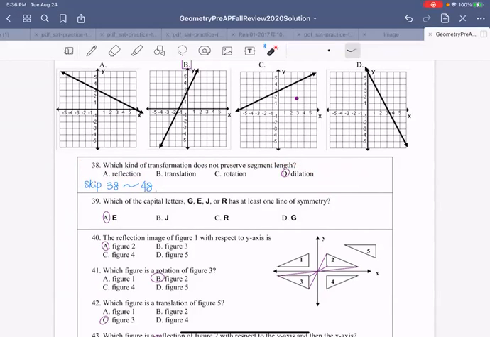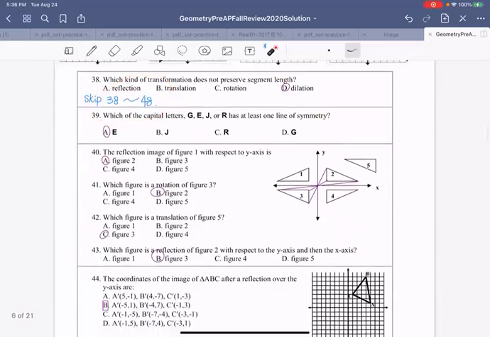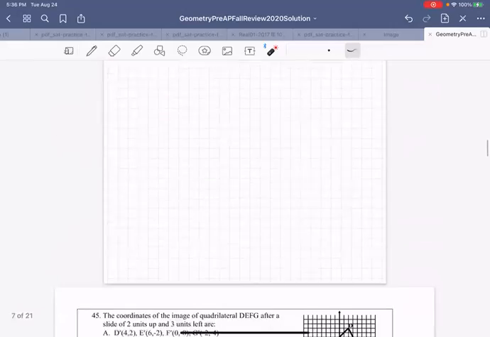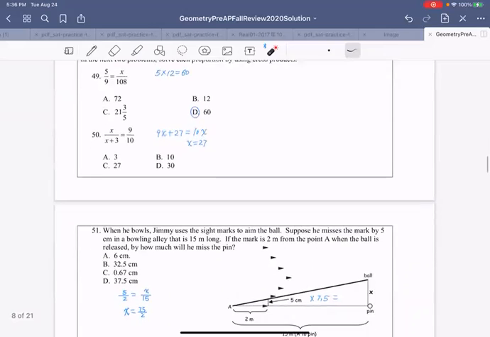All my Algebra 1 and Geometry are 4-year courses. So we finish this part 1, and then we will finish the next 15 classes. Then we can come back to this kind of question. So don't worry about 38 to 48. You can skip that, definitely. So you don't worry about that.